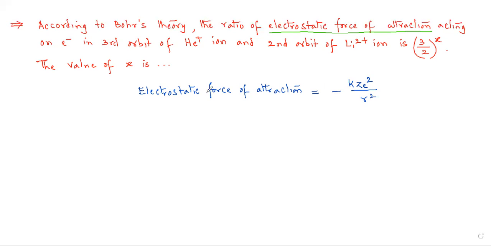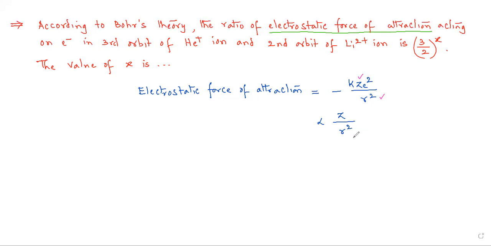Yes, this is what I gave. Now let us consider only z and this. Forget about the remaining. Let me say that it is directly proportional to z by r square.